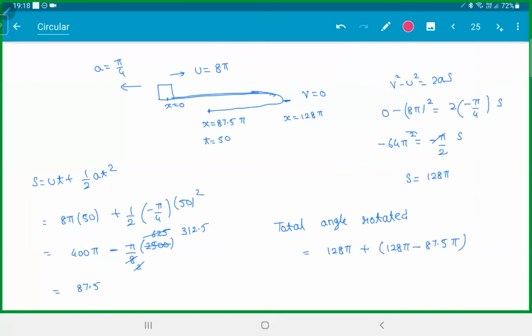You have to treat this in two parts, this guy and this guy. How much is this? 158.5. I hope I'm right, but check it out.